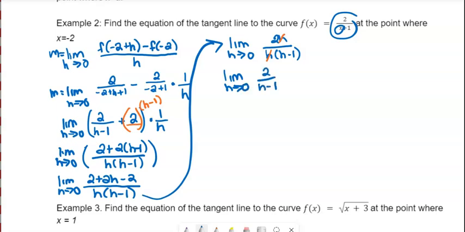And now I can plug in my value of 0 here. So that's going to be 2 over 0 minus 1, which equals -2. I'm going to write my equation.